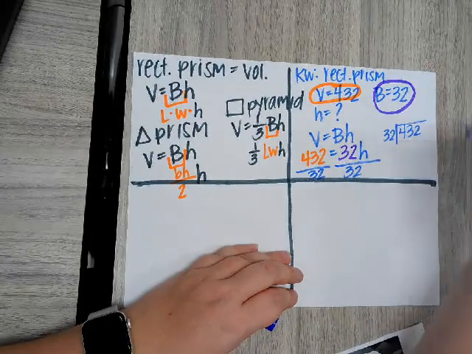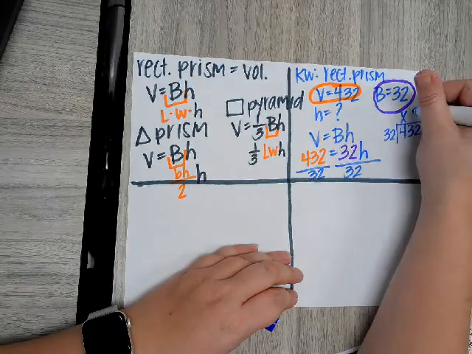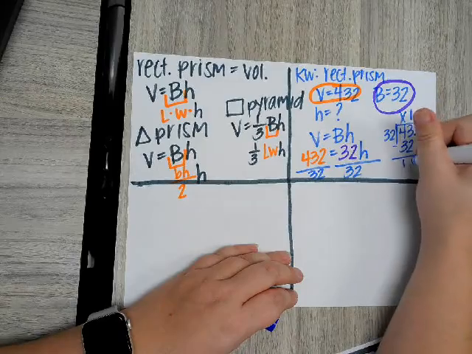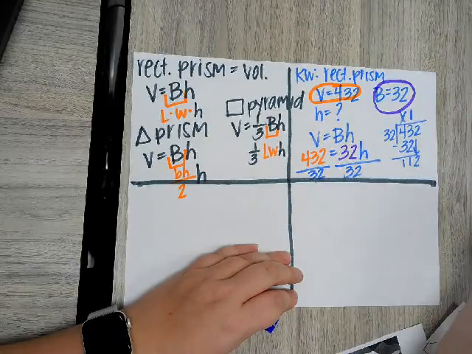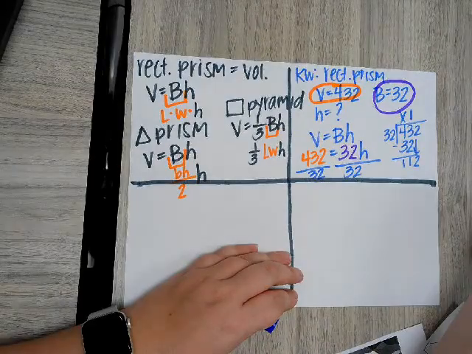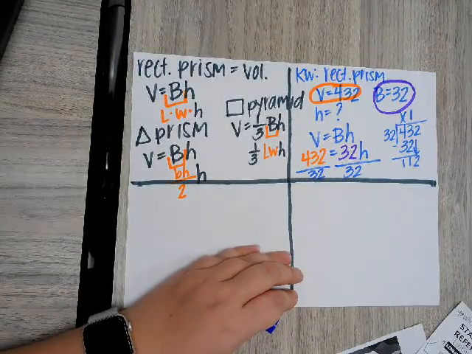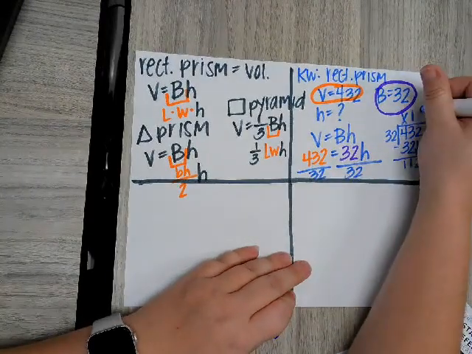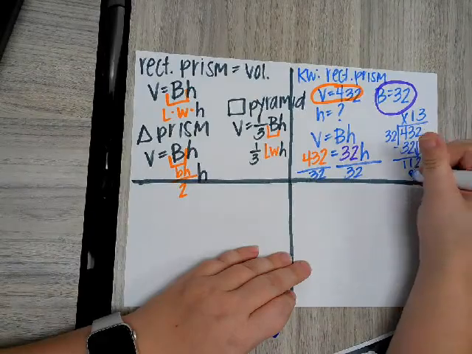32 cannot go into 4, but 32 can go into 43. One time, subtract. Okay, 32 can go into 112 about 3 times because that makes 96.